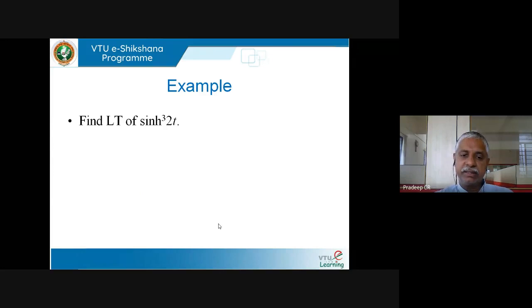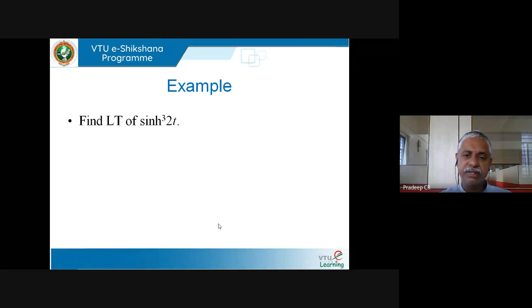And then I did not show explicitly this kind of example when giving it the first time. So now I am going to do the cube of the hyperbolic sine function. I told you the rule to find any power of hyperbolic functions. If I want to find Laplace transform of that, how do I do it?